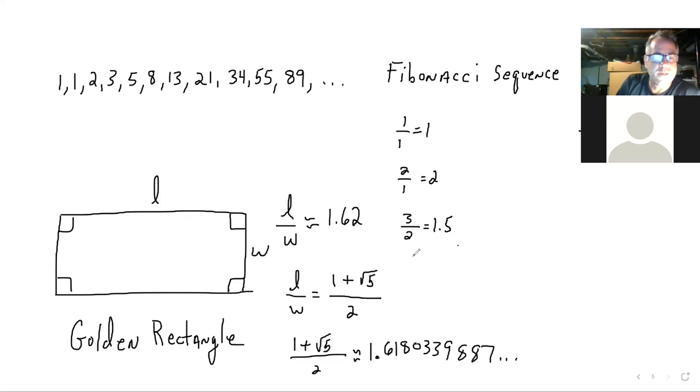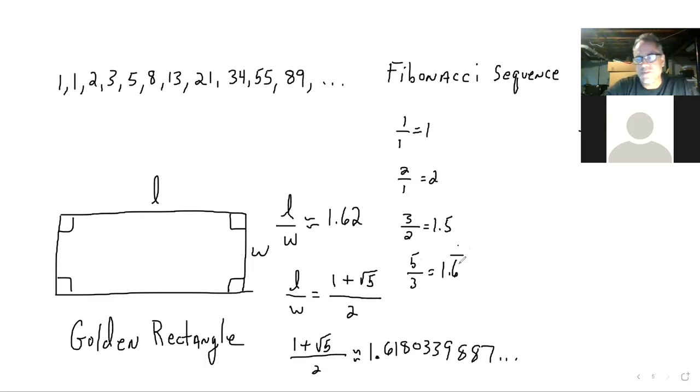And then I'm going to go 5 over 3. So 5 divided by 3 is 1.6 repeating.